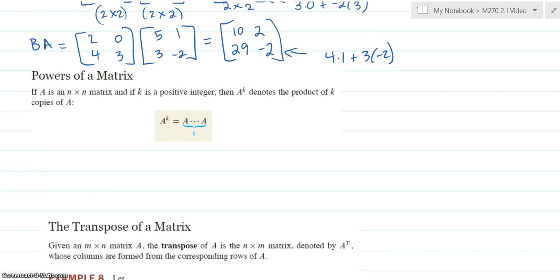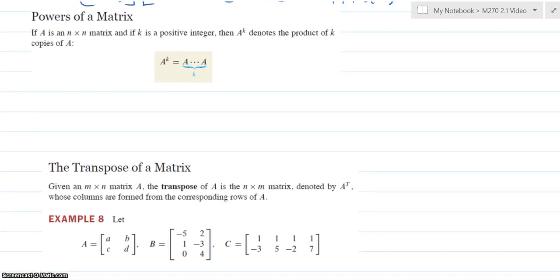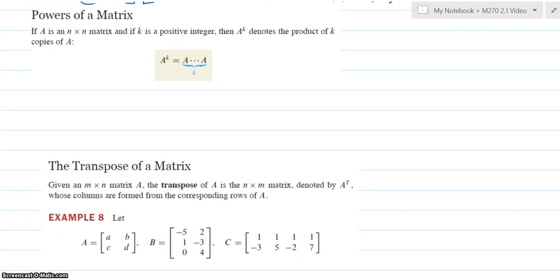There are 2 other things in this section. One is the power of a matrix. If you're going to take a power of a matrix, you need to have an n by n matrix, because you need the inner dimensions to be the same. If you have a 2 by 3 multiplied by a 2 by 3, that's not going to work, is it?